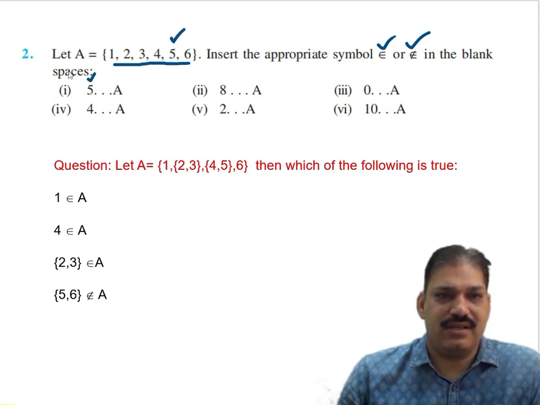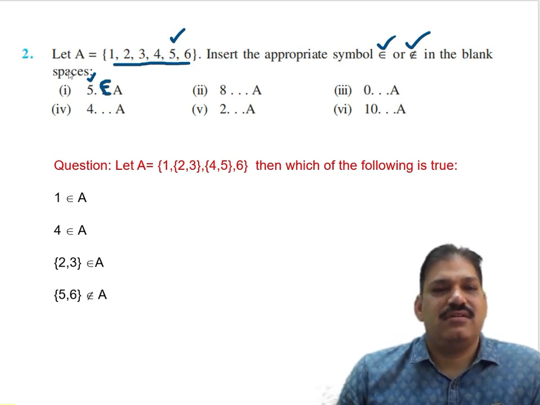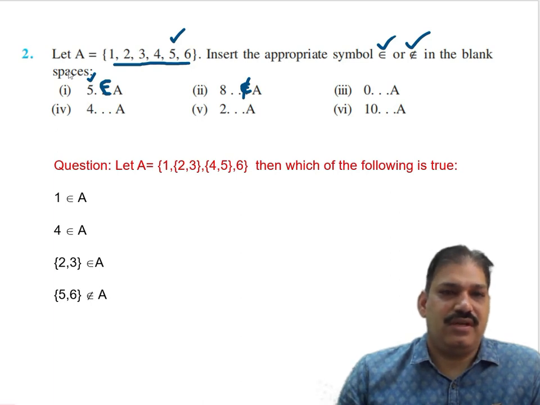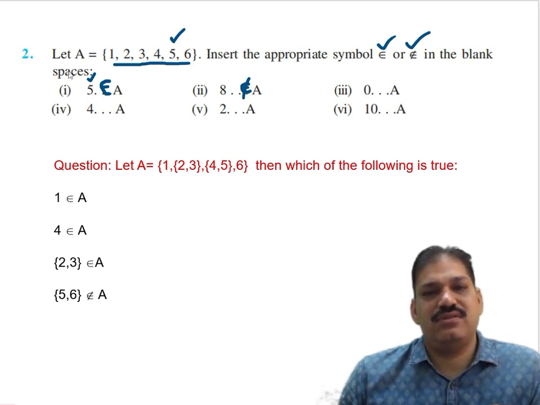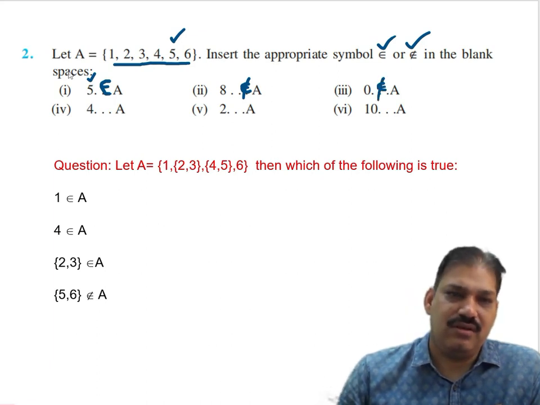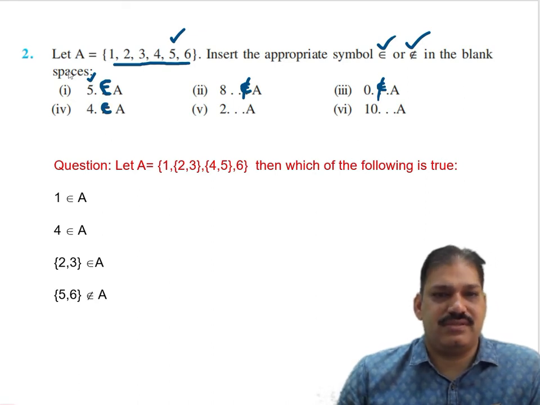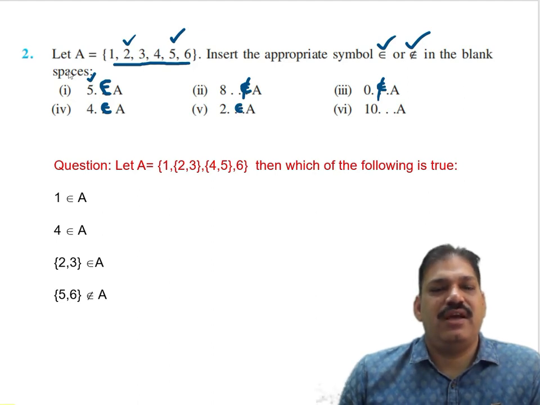Yes, 5 is an element of A, so we put the epsilon sign. 8 is obviously not here, so 8 is not a member of A. 0, we cannot see 0 in this set, so 0 does not belong to A. 4 belongs to A. 2 is an element of A. 10 does not belong to set A.